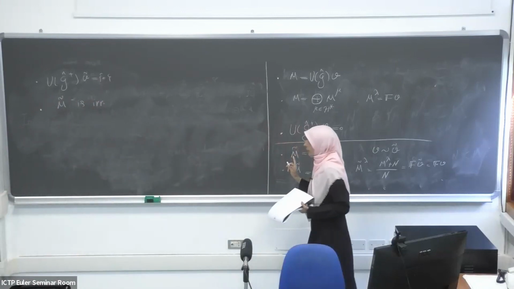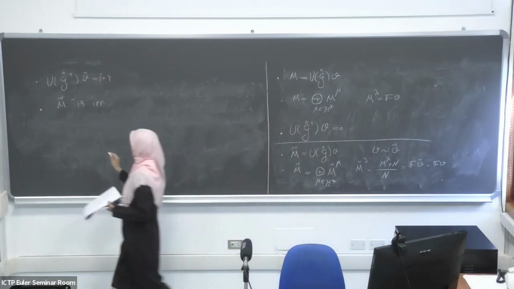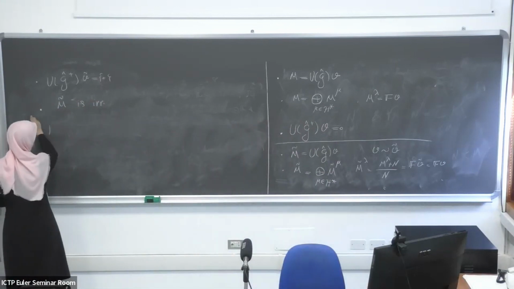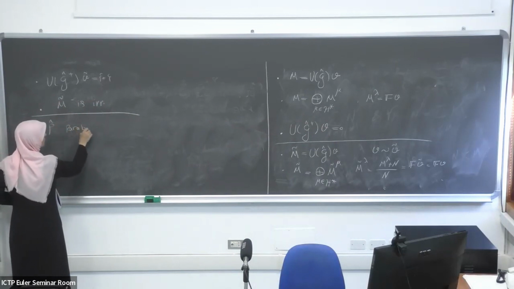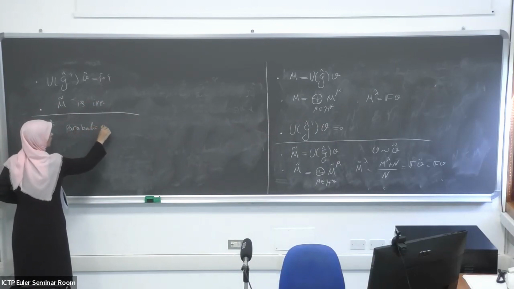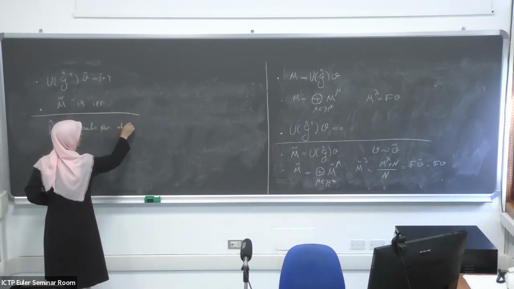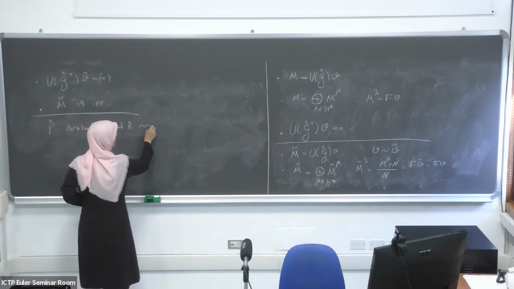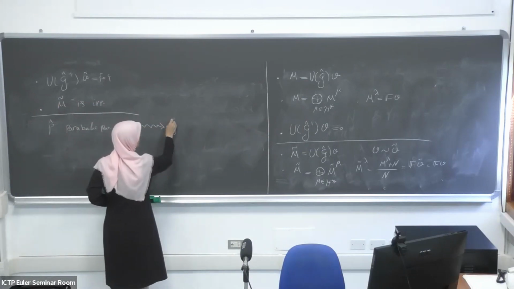So, what is the story? You remember we had a parabolic partition of R hat, then we get a decomposition for G hat.